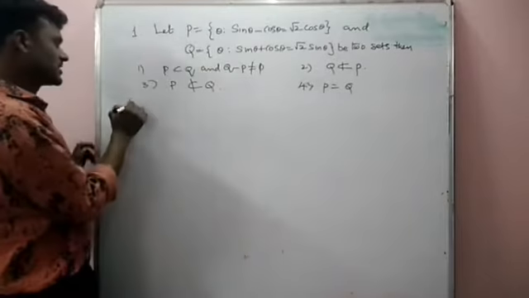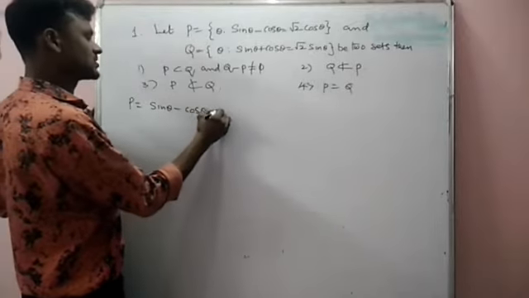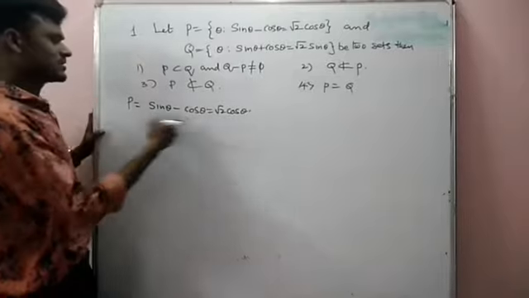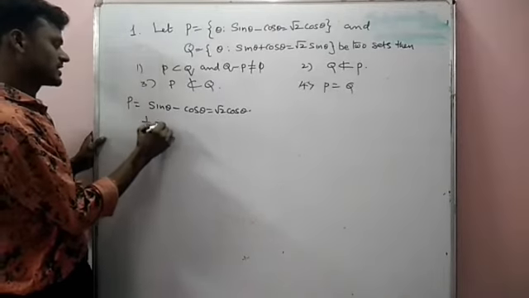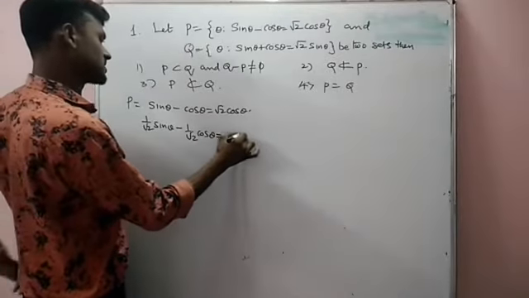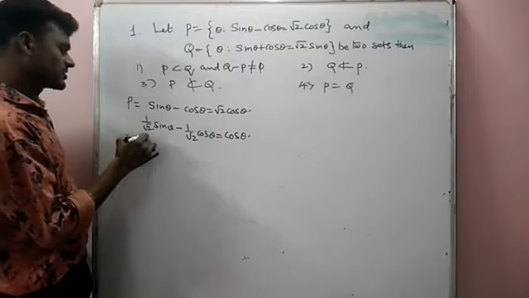Now see here, P is sin theta minus cos theta is equal to root 2 cos theta. We divide either side by root 2, then 1 by root 2 sin theta minus 1 by root 2 cos theta is equal to cos theta. Instead of 1 by root 2 we write cos pi by 4 and sin pi by 4.